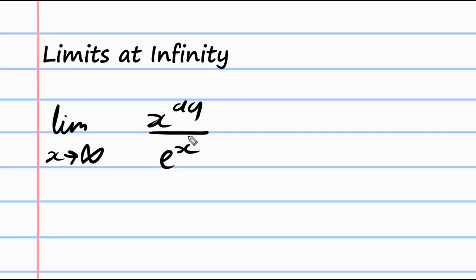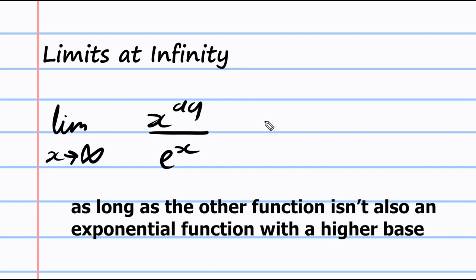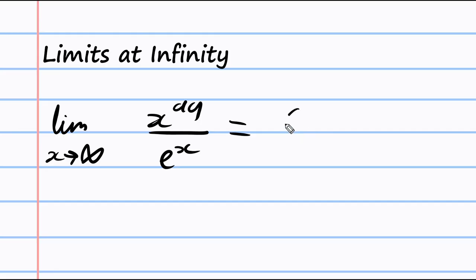Well, if you have an exponential function like e to the x, 1.1 to the x, 2 to the x, 10 to the x, anything to the x power, you know that this function will always outgrow whatever is on top. So you can just assume that this limit equals 0, because e to the x is always going to outgrow x to the 99th power.